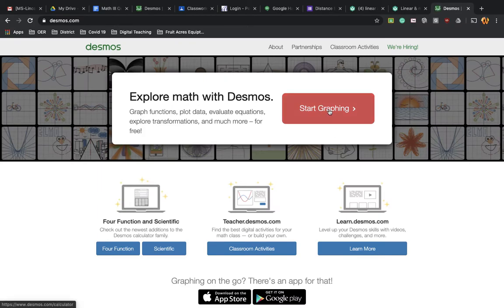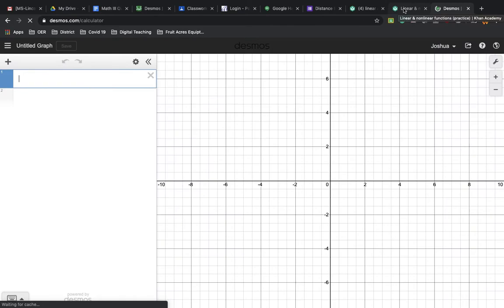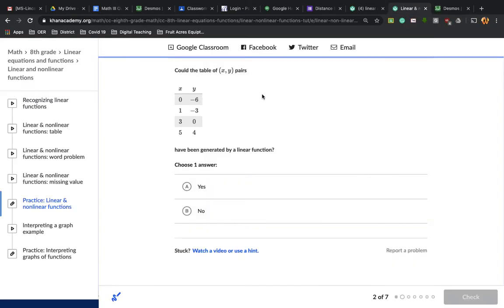Free, beautiful math. Let's start graphing. And I'm going to bring my points over, and I'm going to put them on a graph, and I'm going to see if it looks like a line. That's really what the question is answering, right? Could it have been generated by a linear function? If it's generated by a linear function, it has to look like a line. There's no 2 ways about it. It's a yes or no question. So let's give that a try.